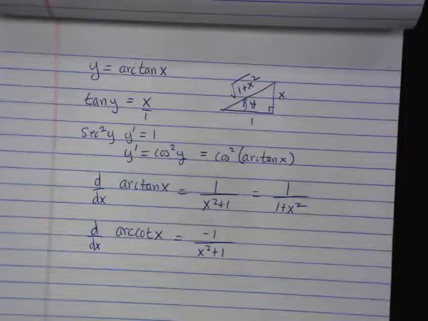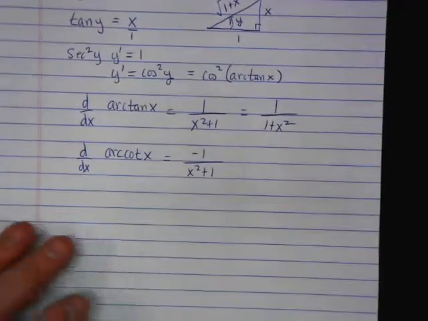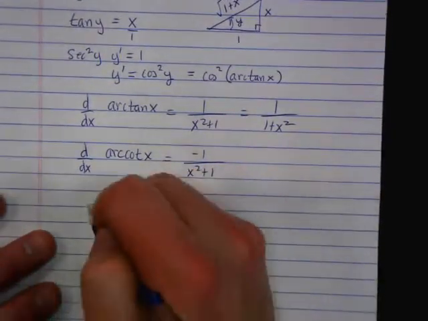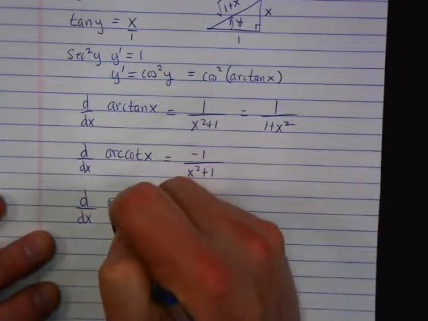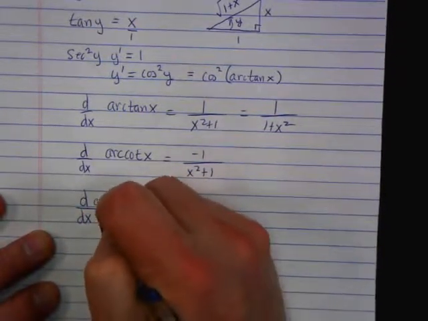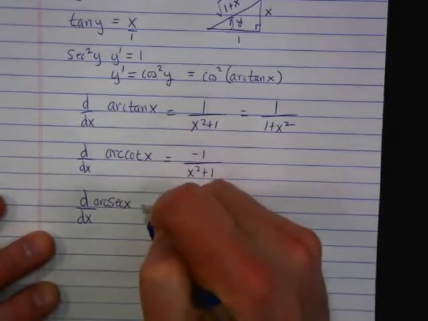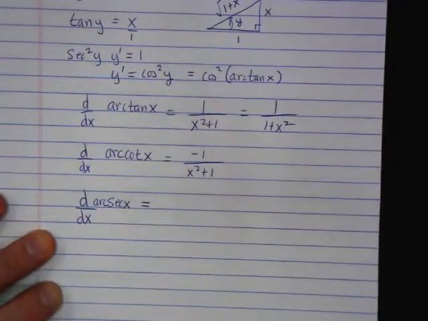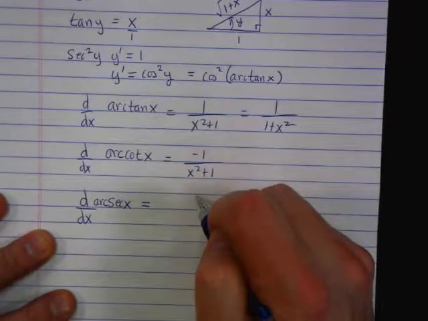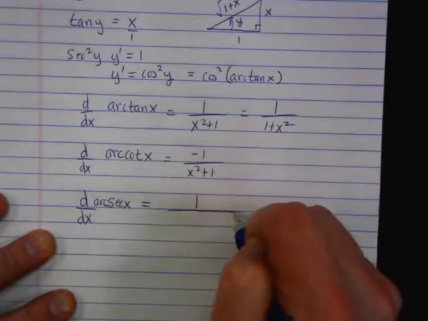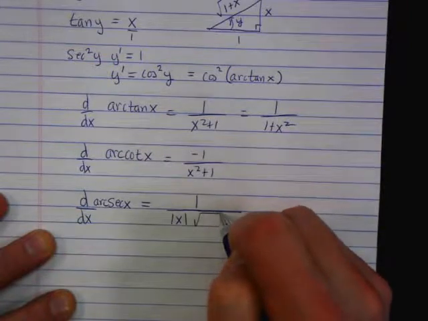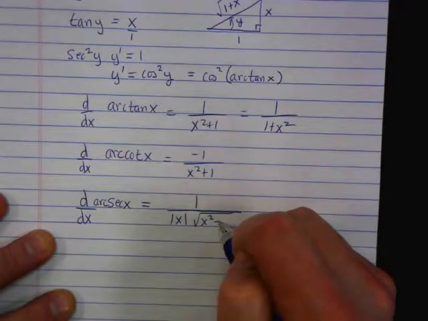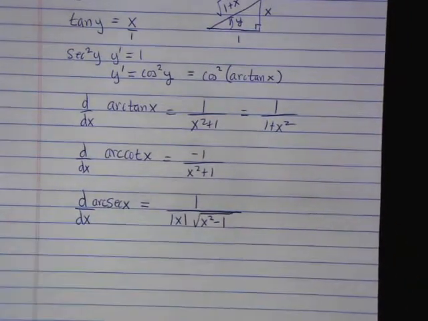And then the last two. I'm not going to derive the formulas for these two. You can trust me, or you can look it up in the book. The derivative of arc secant of x turns out to be 1 over the absolute value of x times the square root of x squared minus 1.